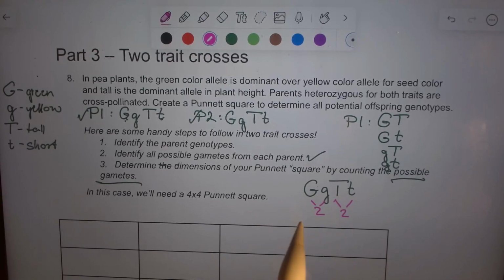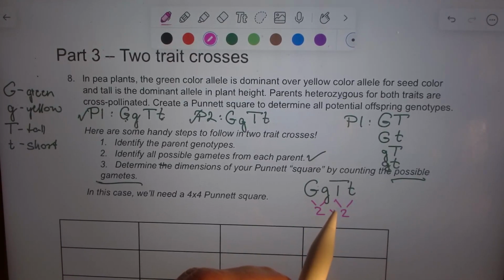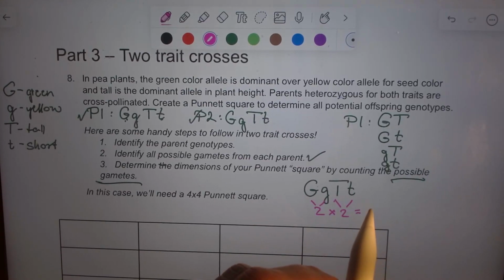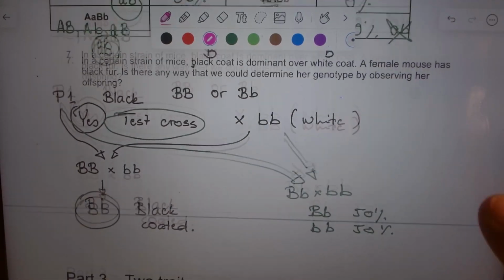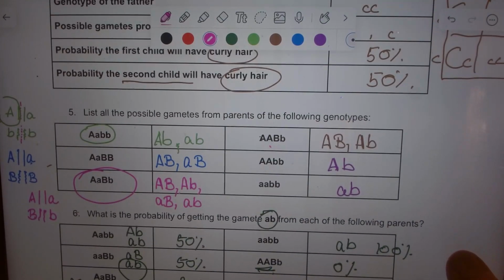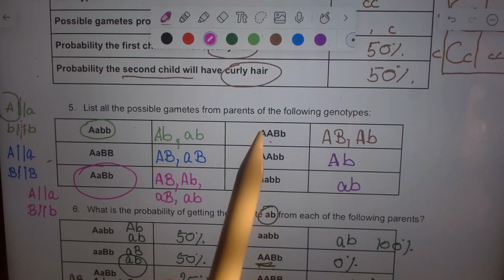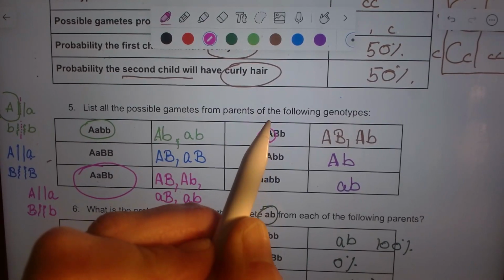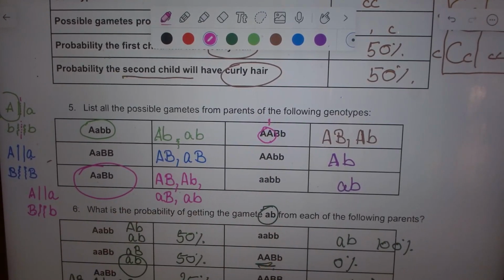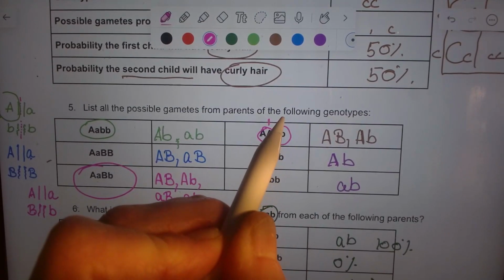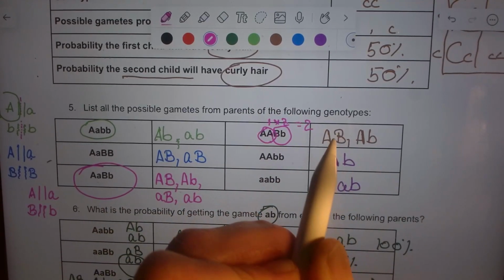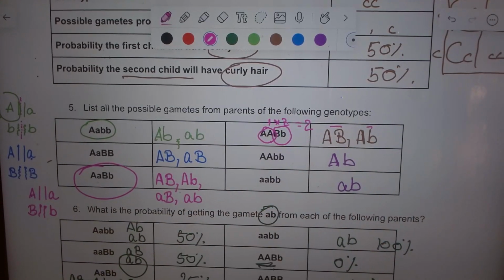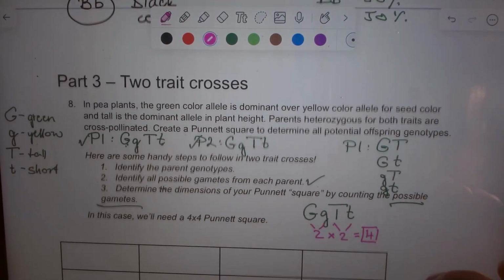Because they are independent from each other, we multiply them, so all possibilities will be 4 different gametes. Please apply this idea for part 2. Check this one, A and A can sort out in only one way, and the B's can sort out in 2 ways. 1 times 2 is 2, so we have 2 types of gametes. So please check back to find out that.